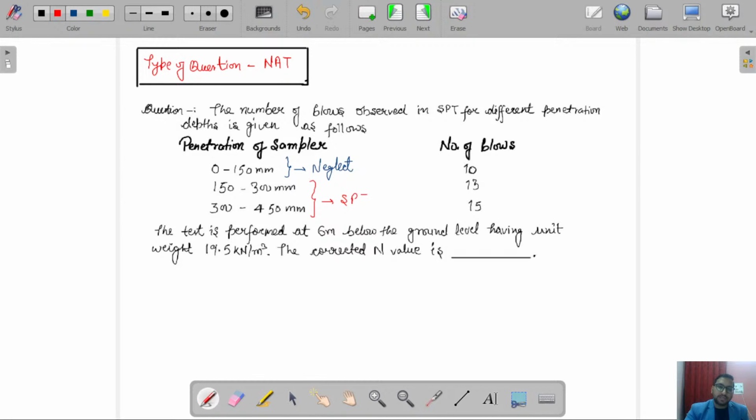This is going to be our SPT. So what will be the value of SPT? Just give me the value of SPT.